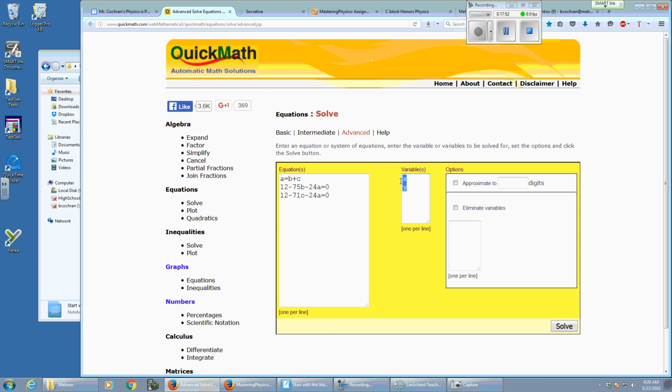Piece of cake at this point, right? A, B, C. I can say approximate 4 digits.